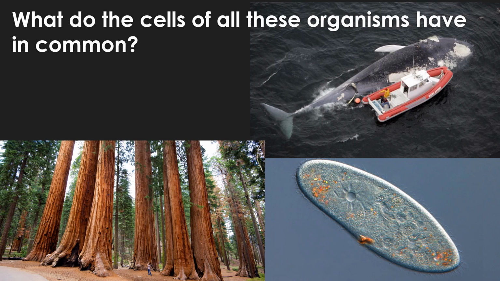What do all these organisms have in common? They're all made of microscopic cells or a cell. The cell size in this single cell, okay, tiny little organism, or this gigantic blue whale, or this even bigger redwood tree, the cells of each of these organisms are roughly the same size.